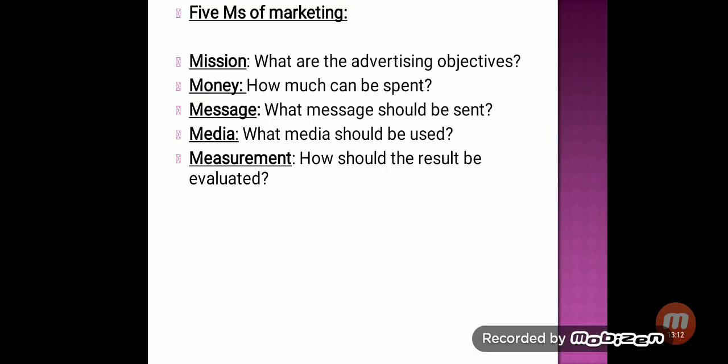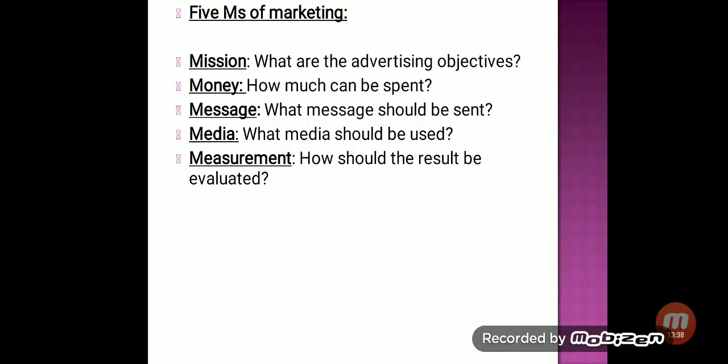How much can be spent? As we discussed, advertisement is an expensive affair, and in order to advertise your product in any media, you need to pay money. So here the advertiser has to fix the budget, that is, how much money they are willing and able to spend on the advertisement campaign.